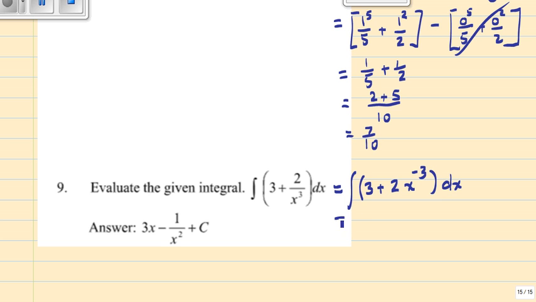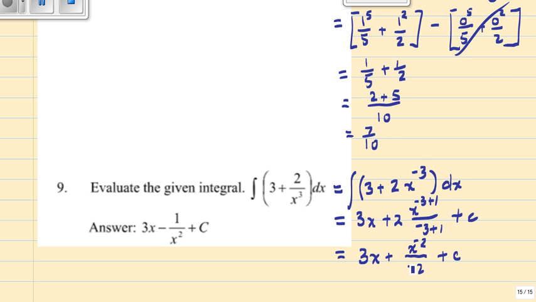And this is an indefinite integral, so just a question of integrating. 3 dx is 3x plus 2x to the minus 3 plus 1 divided by minus 3 plus 1, and then plus c, and that is equal to 3x plus x to the power of minus 2 divided by minus 2 plus c, and so 2 and minus 2 cancel, so that gives you 3x minus 1 over x squared plus c.